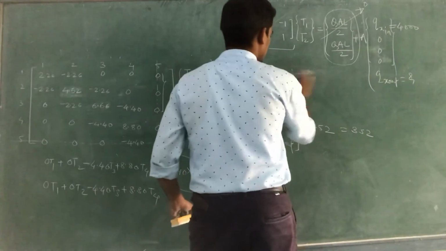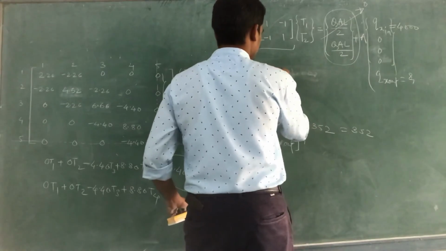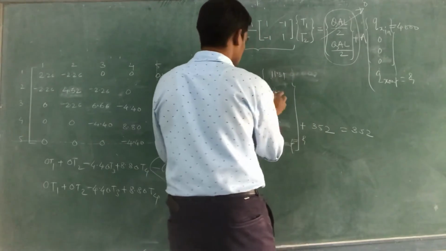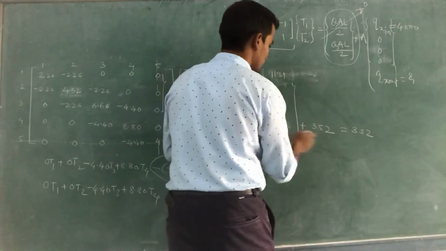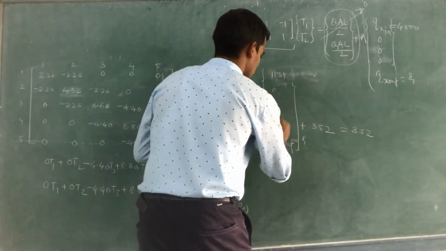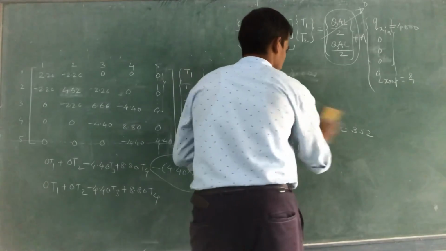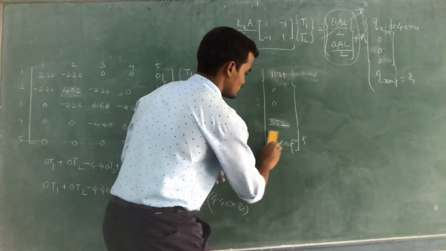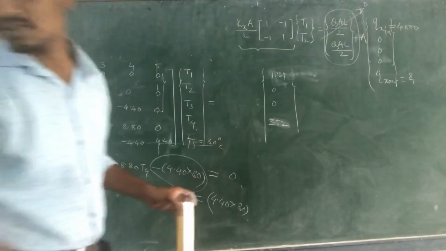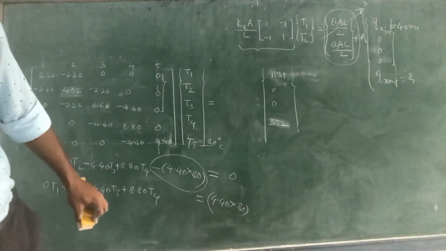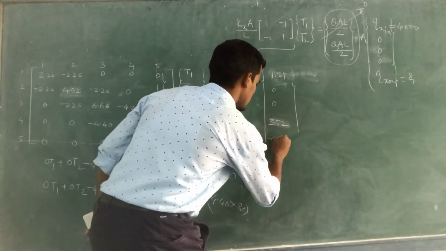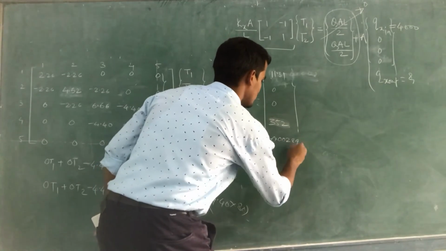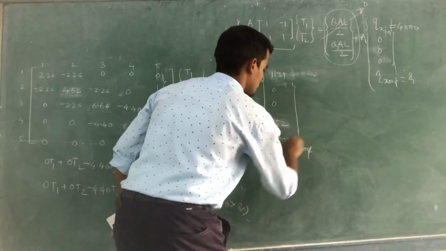So this will become 11.31. So 0 into this area, 0 into this area, 0 into this area plus 352. This will become 352. And this QX sum will become equal to minus 0.0028 QX out.